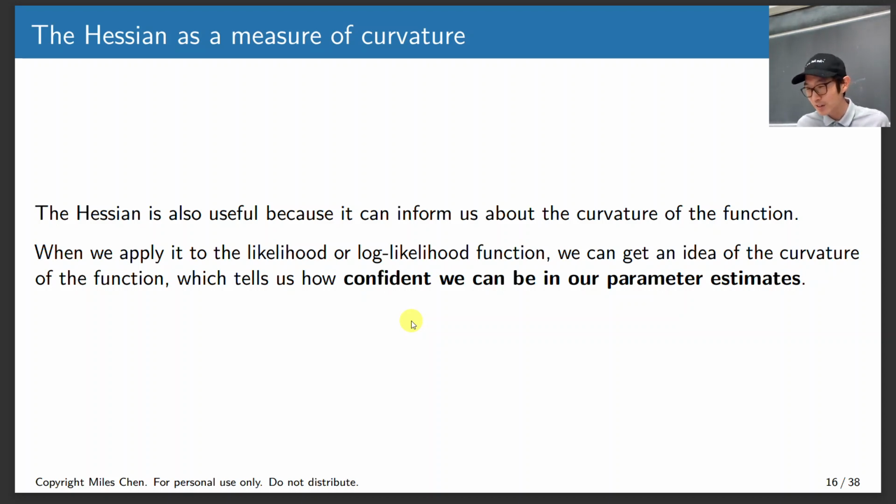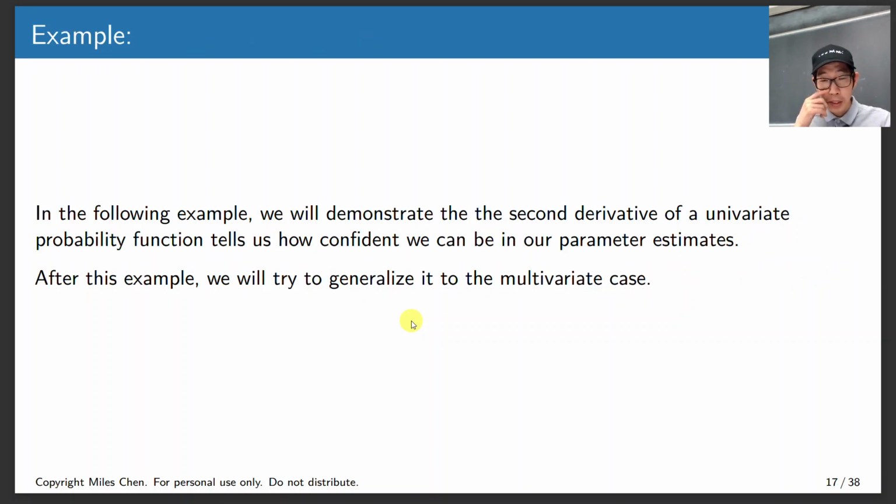So this is the next leap here, and I'm going to explain this in the univariate case, and then you just have to imagine a similar idea happening in the multivariate case.